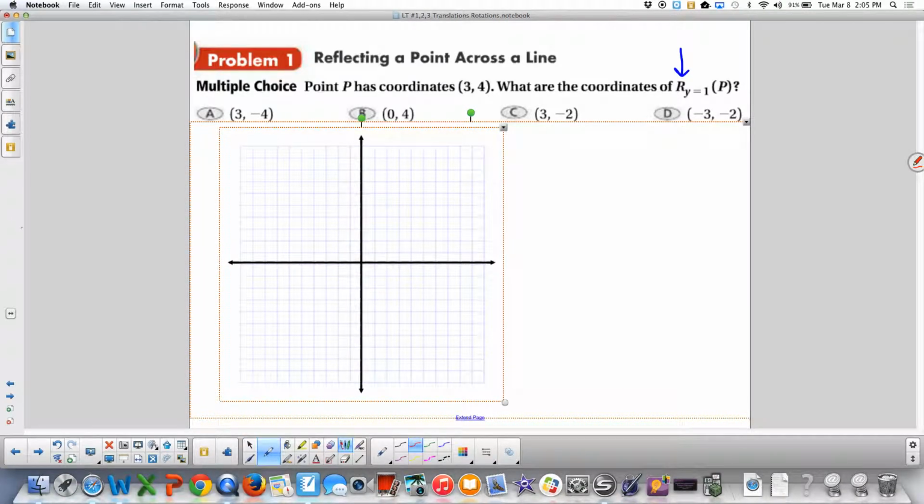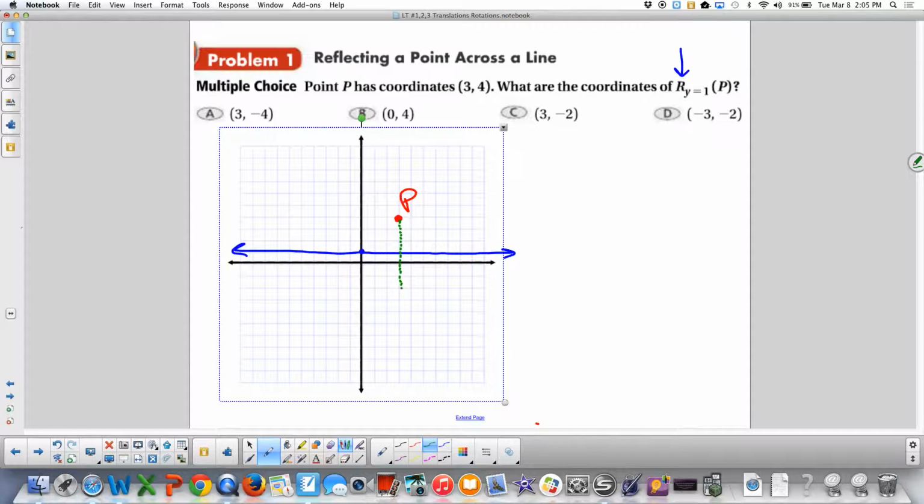We've got the point P at (3, 4). 1, 2, 3, 1, 2, 3, 4. What are the coordinates after a reflection over y equals 1? So at y equals 1, I go to the y-axis at 1, and I know I've got a horizontal line, and I'm going to reflect over that line. So point P, if I think of a perpendicular, that means a vertical line, and I'm going to reflect to the other side.